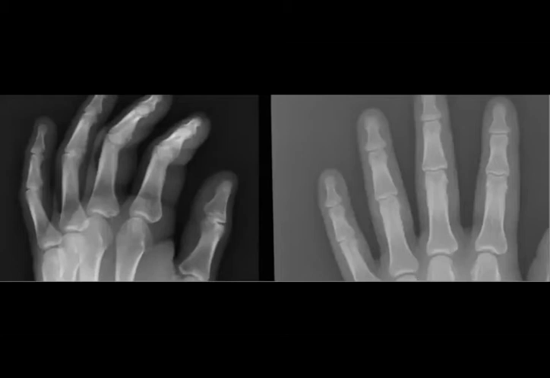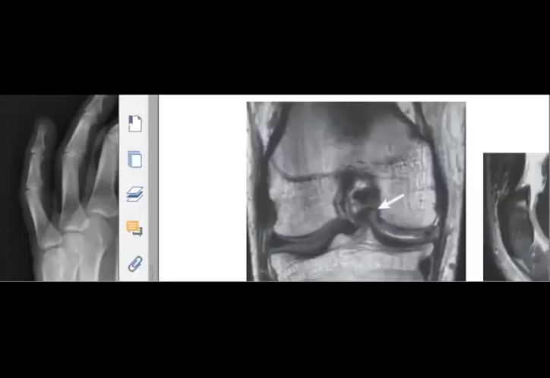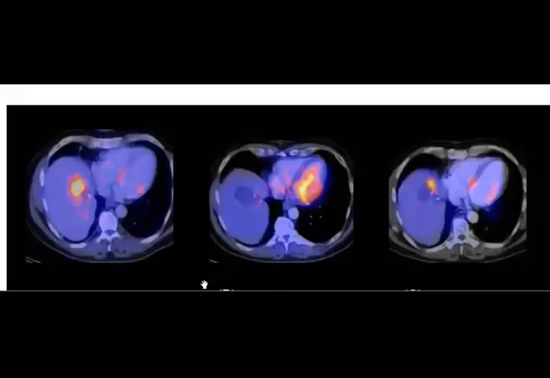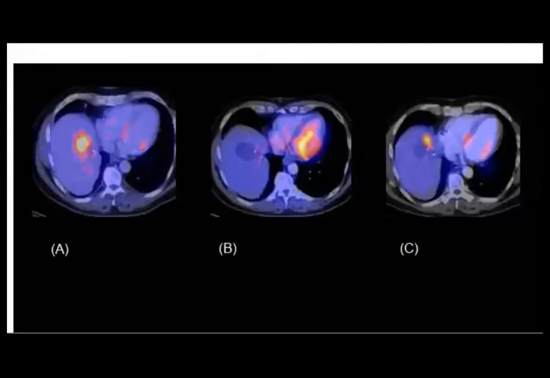So now the last piece of our lecture today. Let's go to the PET-CT cases. Okay, and this patient is like 70 years old, and he did this FDG PET-CT.